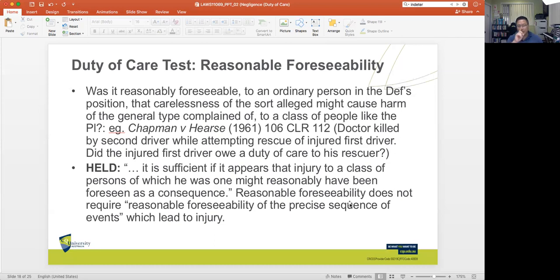Now, before we leave this particular case, again, we need to remember that under the common law, there is no general duty to rescue anyone.